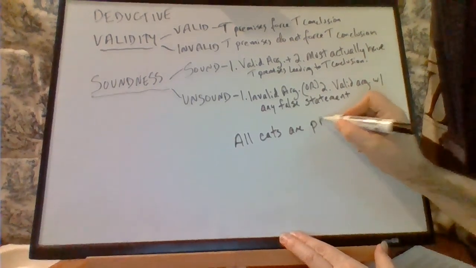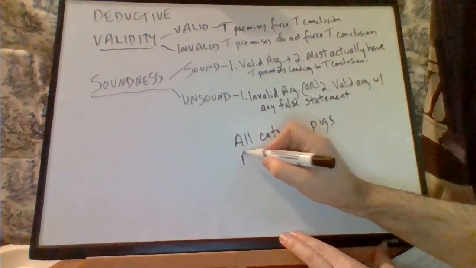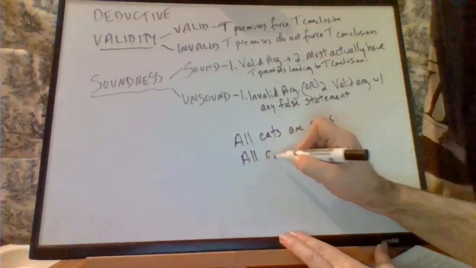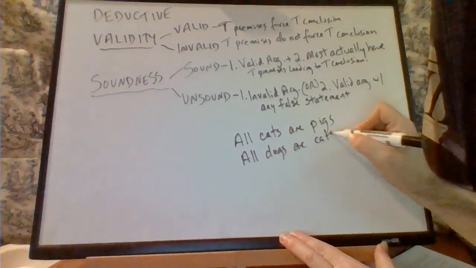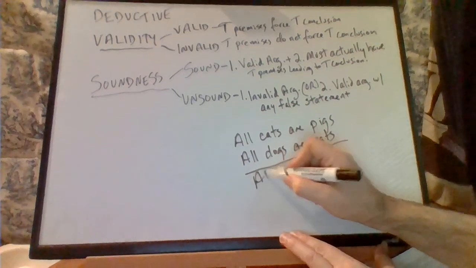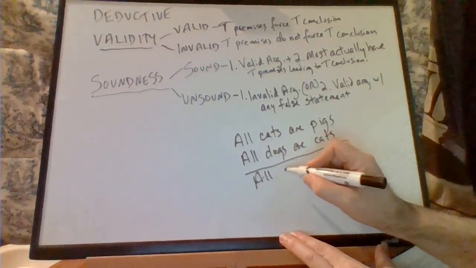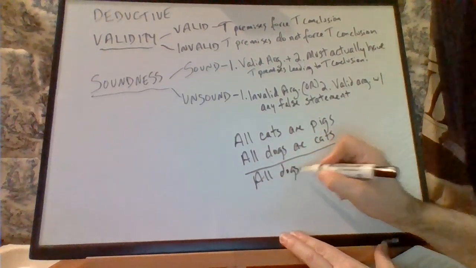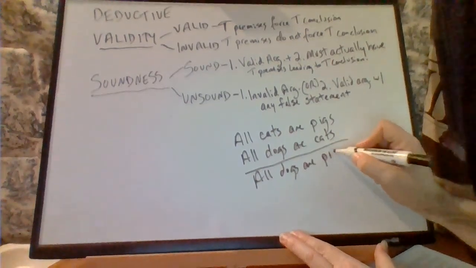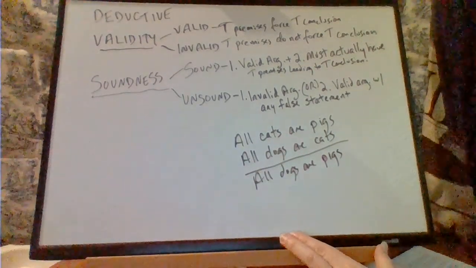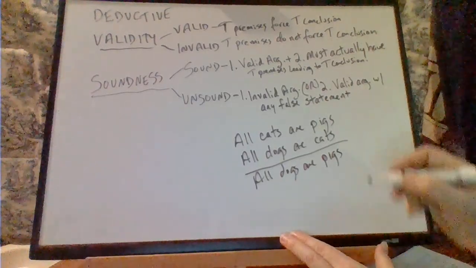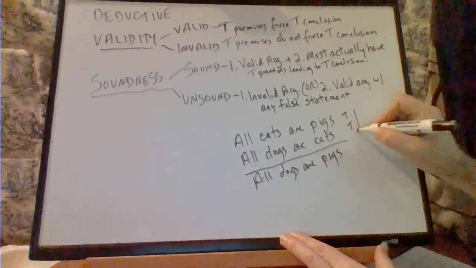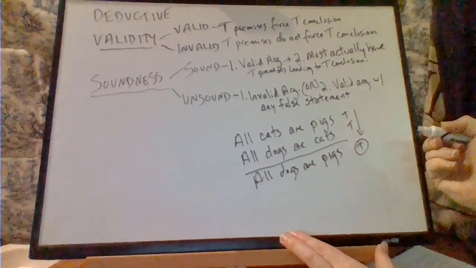This one, I think it was, all cats are pigs, all dogs are cats, therefore all dogs are pigs. I think that's what I made up, or very close to it anyway. That one, as we saw, if the premises are true, you are forced to accept the truth of the conclusion.